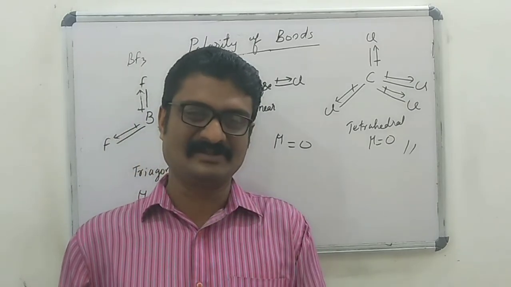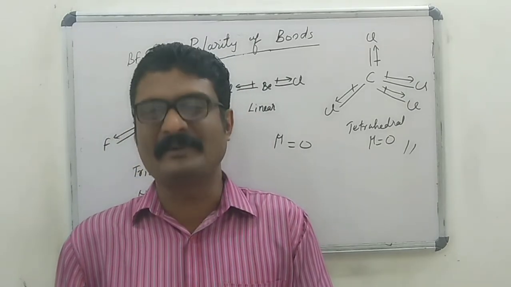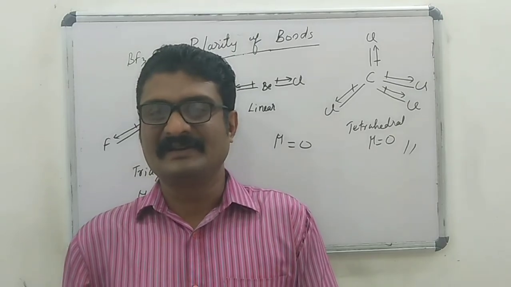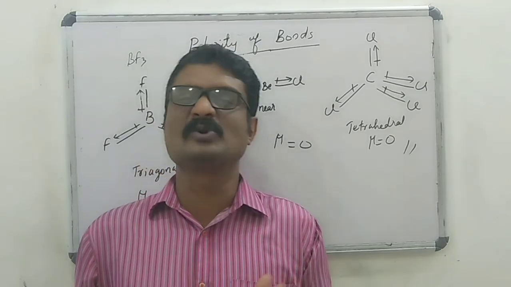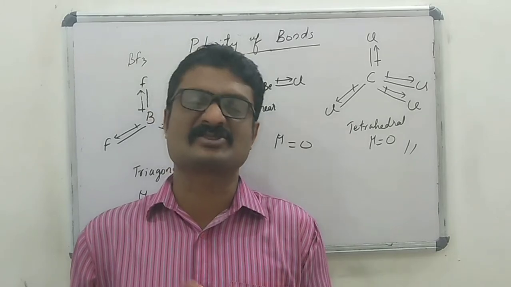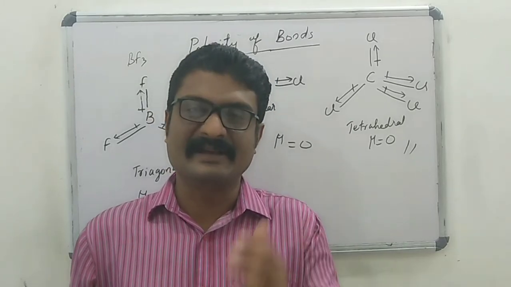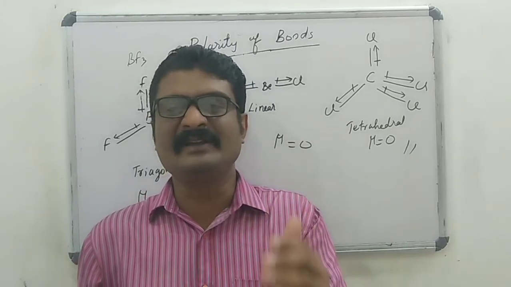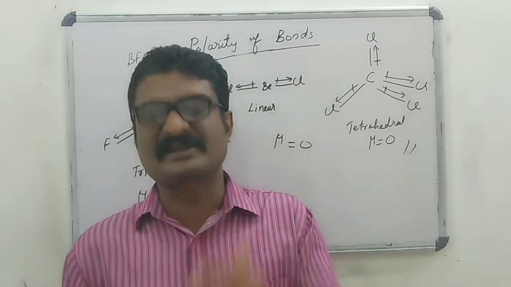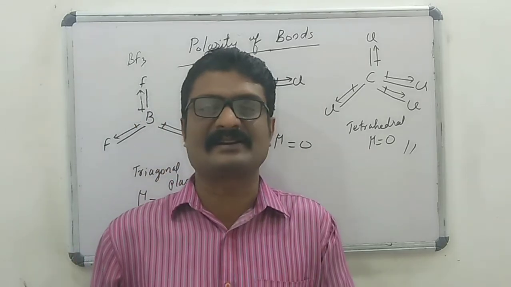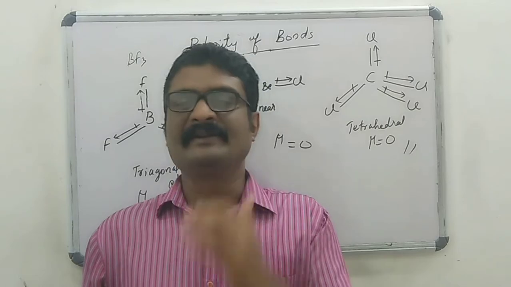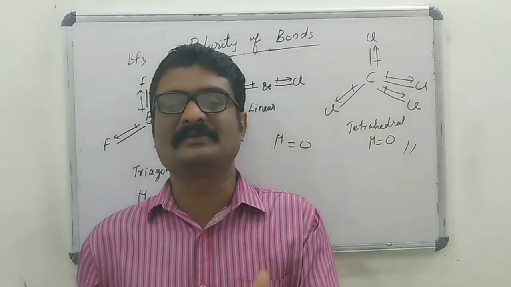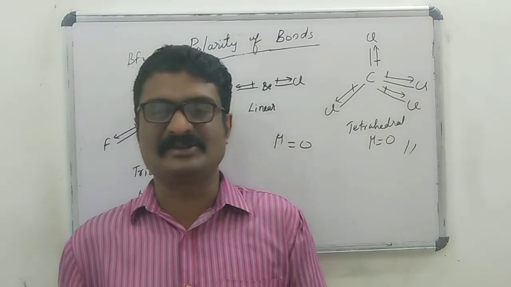H2O has 2 lone pairs and 2 bond pairs of electrons. These molecules possess unsymmetrical structure. Molecules having unsymmetrical structure like H2O, NH3, etc., have a definite dipole moment.